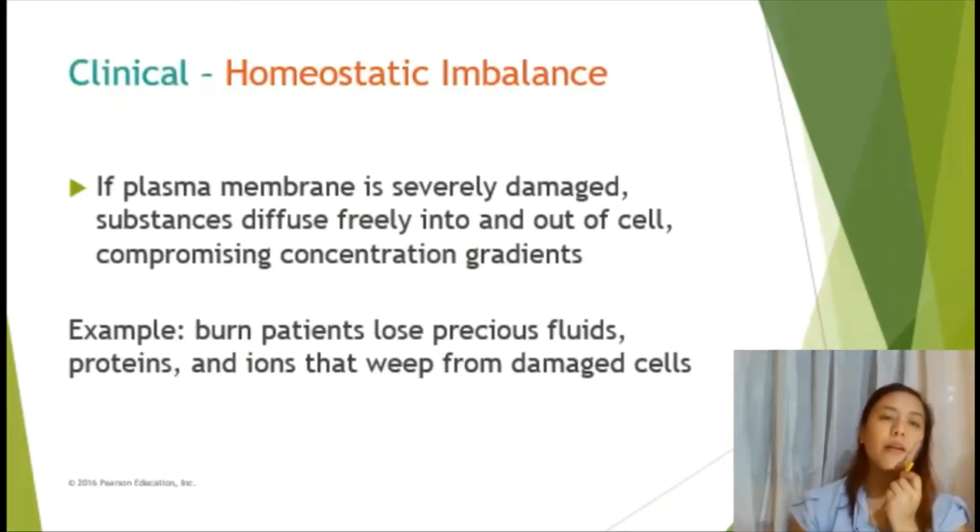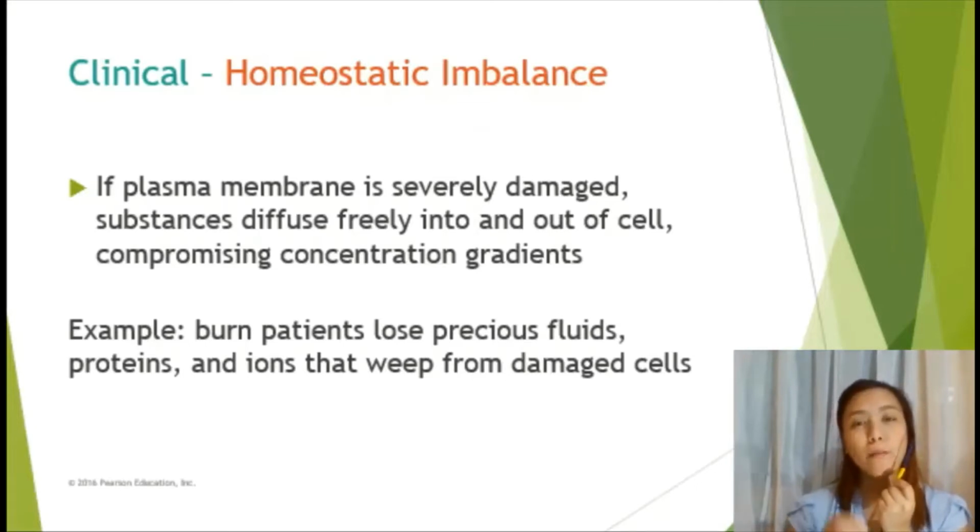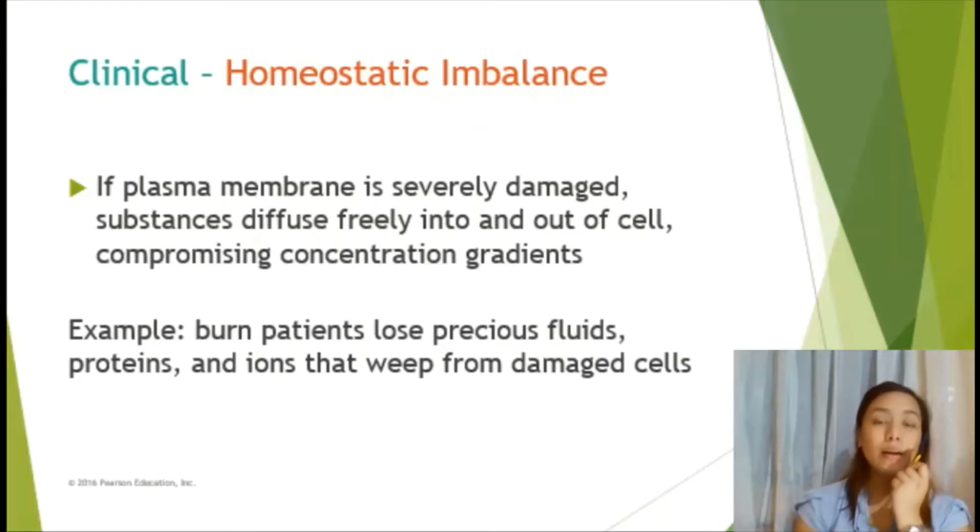So let's move on. Usually, the homeostatic imbalance, or the clinical application of this diffusion and passive transport in our life, is this one, as you can see in the example. What if your house burned down and you are one of the victims, or you've seen some of the people getting burnt? It is really dangerous when you are a burn victim, because the skin is our protective gear. When we don't have our skin, we lose almost all of our fluids.